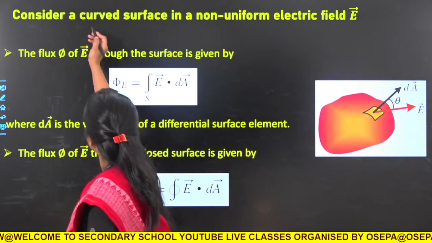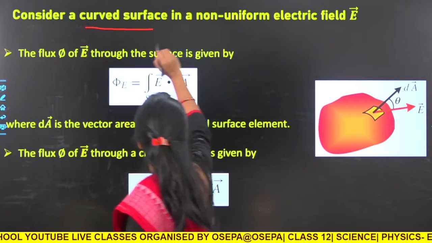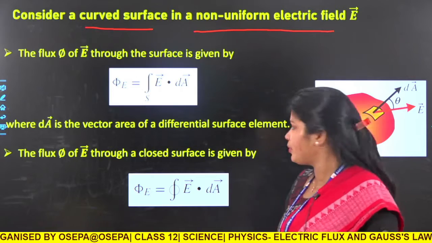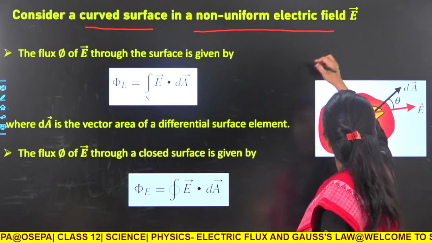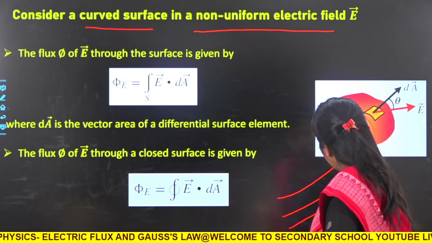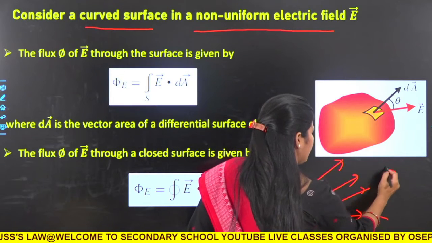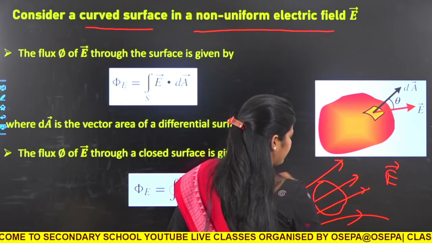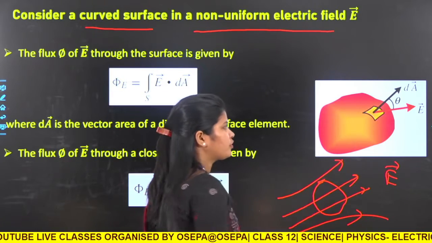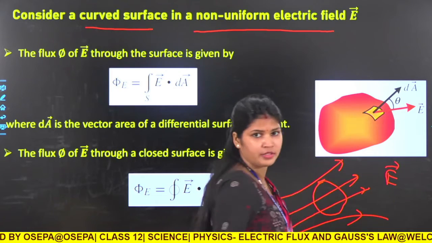That was the case of a uniform electric field and a plane surface. Now consider a curved surface in a non-uniform electric field. Suppose these are the non-uniform electric fields, and consider a surface like this. Any irregular surface you can consider, and that should be closed. The electric field direction is in this direction.